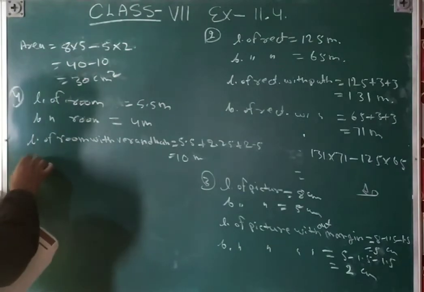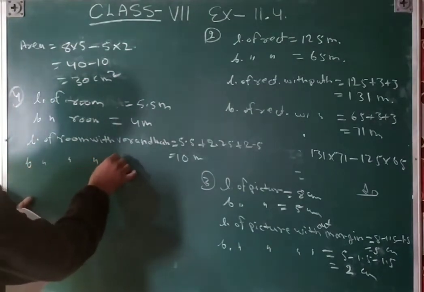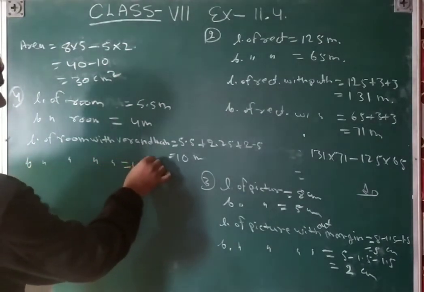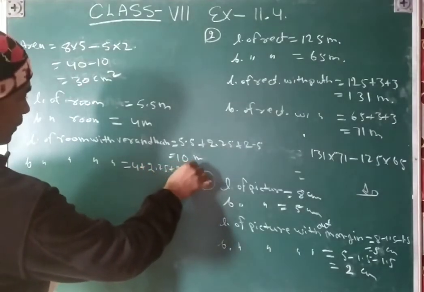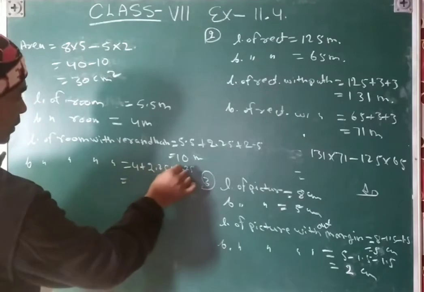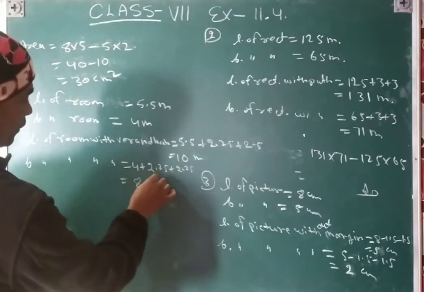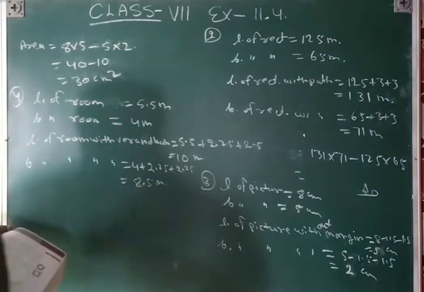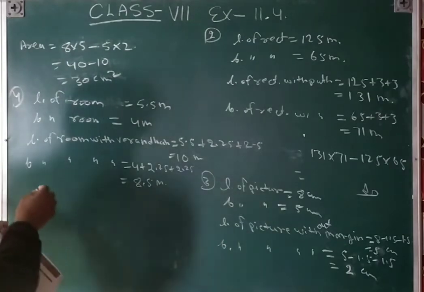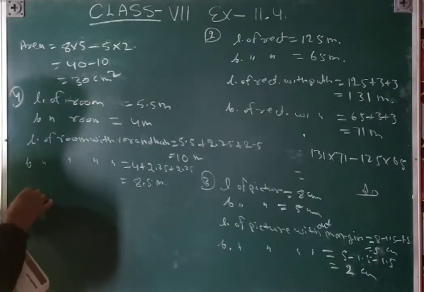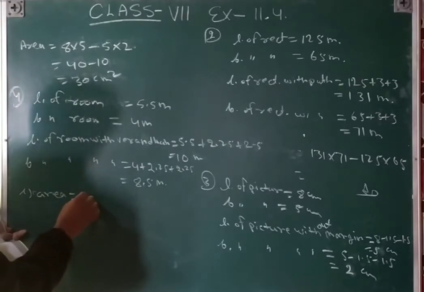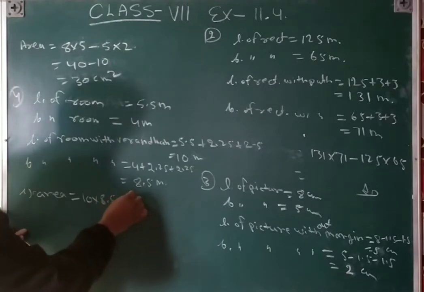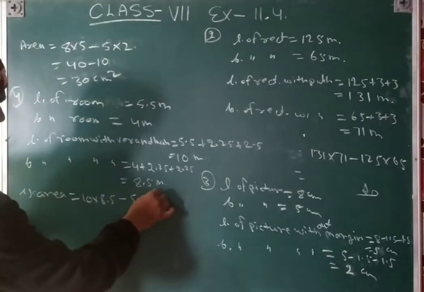And then breadth of room with veranda is equal to 4 plus 2.25 plus 2.25, that will be 8.5 meter. And then area of veranda, first part, is equal to 10 into 8.5 minus 5.5 into 4.